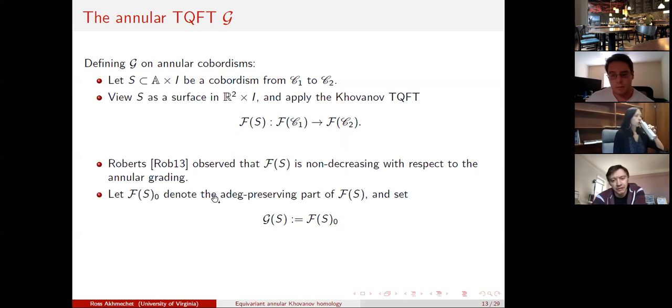So you take the adjoint map under this filtration. You could just take this degree 0 part. So the map FS splits as a sum of a part that preserves the degree and a part that strictly increases it, and you just take the degree 0 part. And this is functorial as well. That's one way to think about it. That's how I think about it.